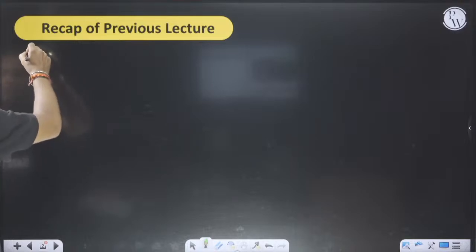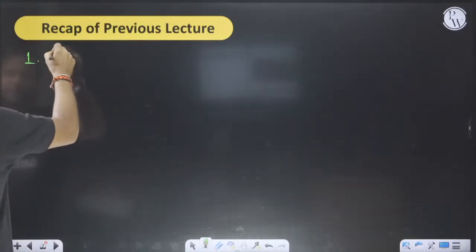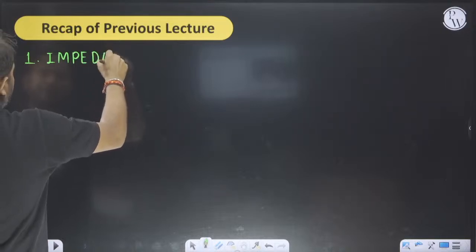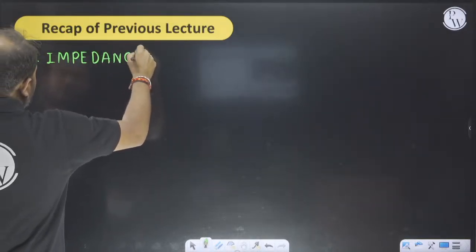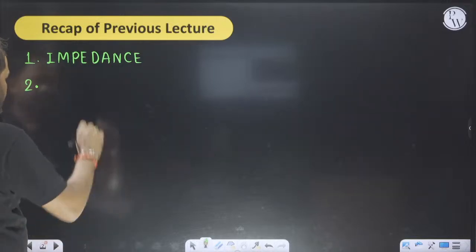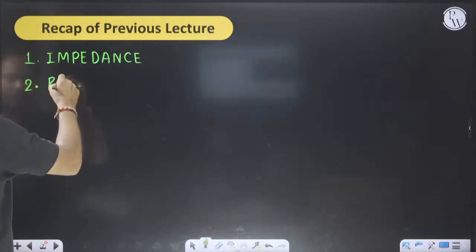In the previous class, what have we studied? We have studied impedance. And second, we have studied reflection coefficient.